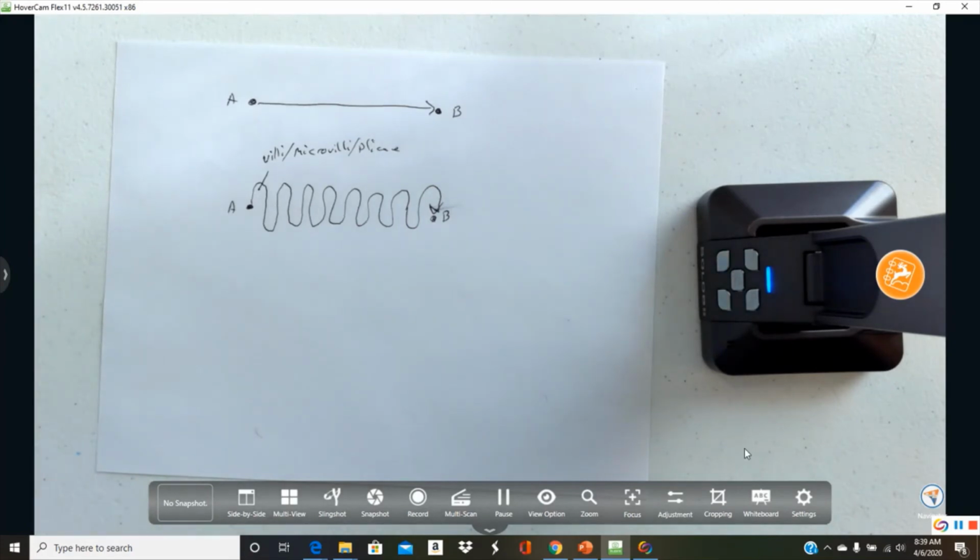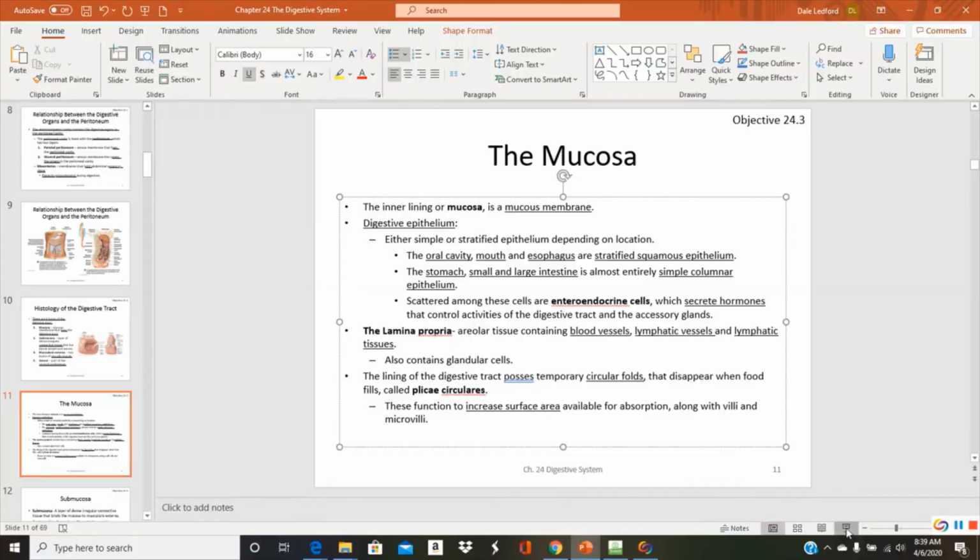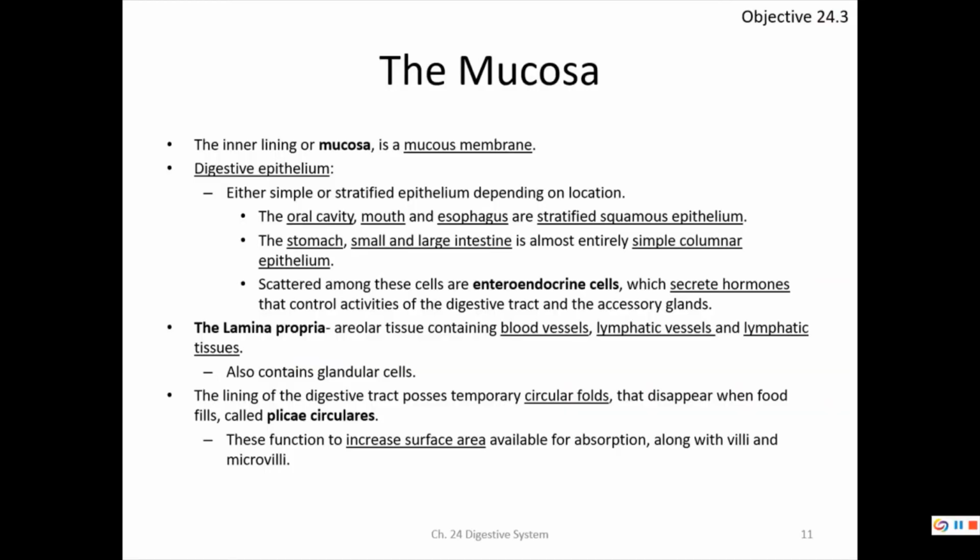So we want to increase the surface area available to do absorption using things like villi, microvilli, and plica circularis. The circular folds are temporary because when you fill it, they stretch, called plica circularis.